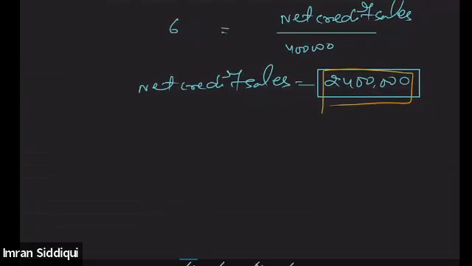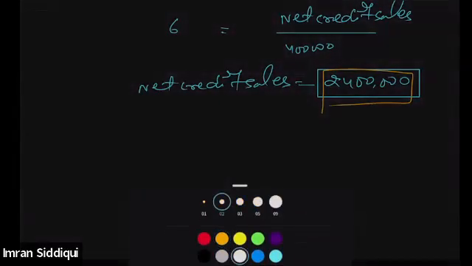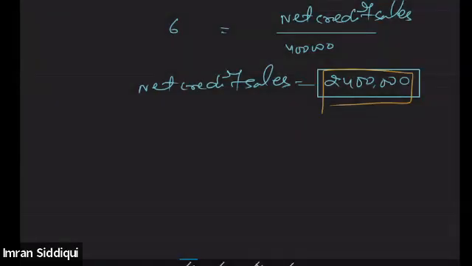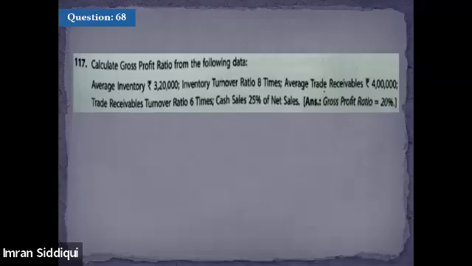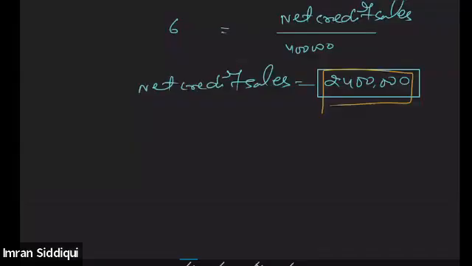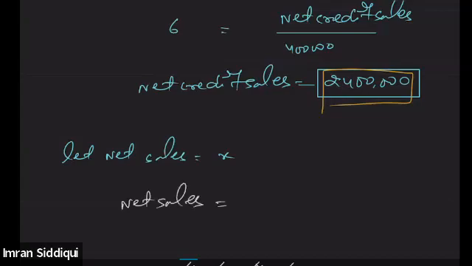Is it clear to all of you? Yes, sir. Now it says in the question that the cash sales is 25% of the net sales. Let net sales equal X. The formula for net sales is credit sales plus cash sales.